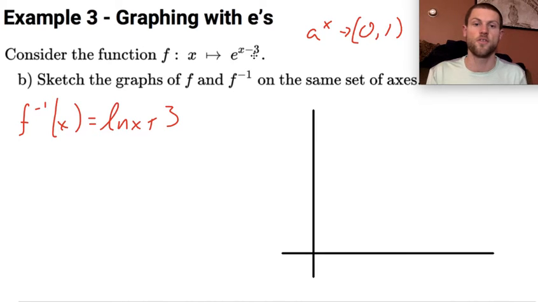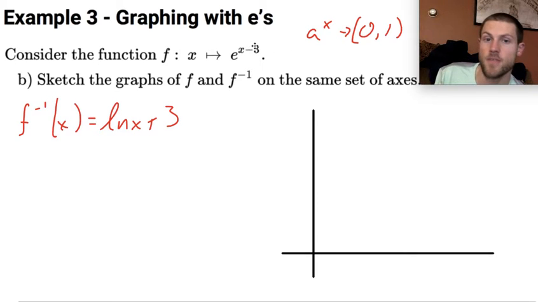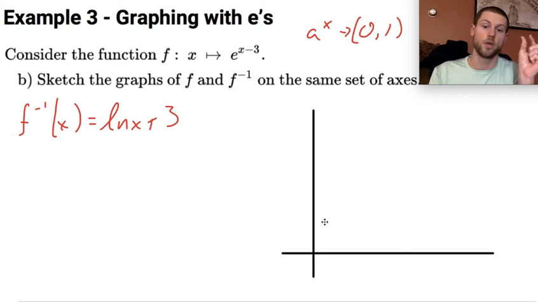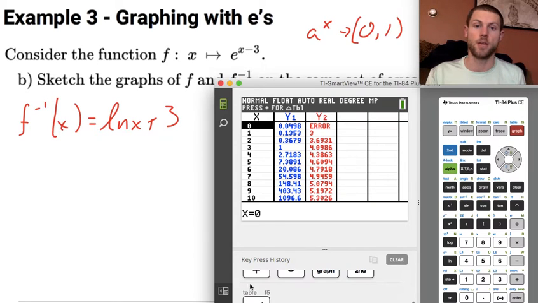And really, this is no different. The only difference here is that I've got a minus 3. So that means that I've taken my y-intercept and moved it to the right 3 units. So that's why, if we look at our table, rather than have the point 0, 1, I have 3, 1 in my exponential here. So this is the only coordinate that I want to make sure stays on this graph, this 3, 1.